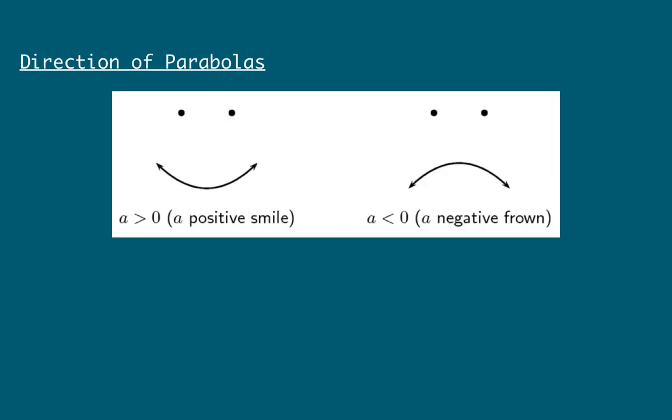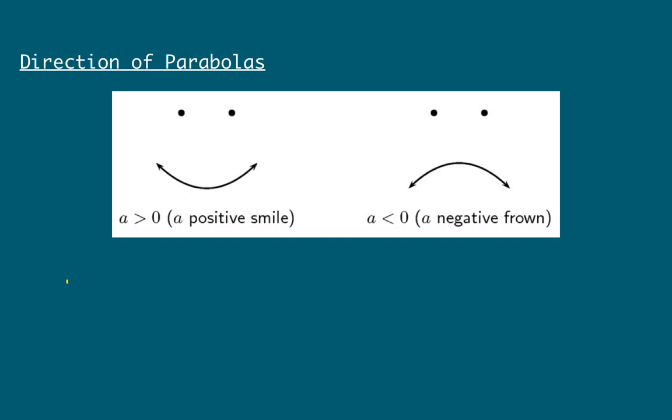So the direction of a parabola can either be up or it can be down, and that is determined by the value of a. If a is greater than 0, we have an upward shaping graph and we'll have a minimum value. If a is less than 0, we will have a downward shaping graph and a maximum value. So what do we mean by that?